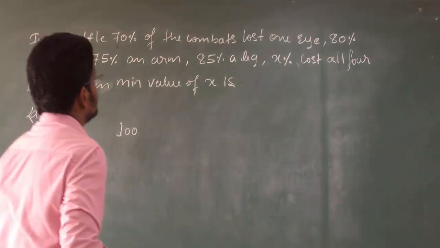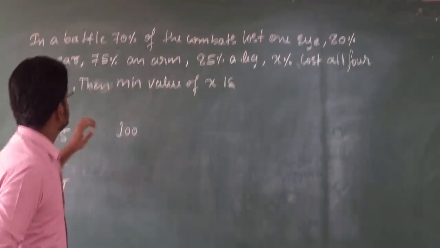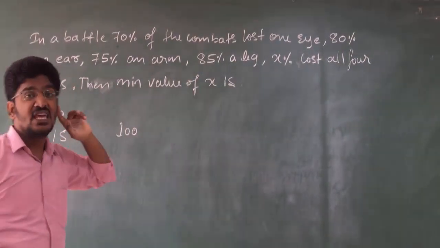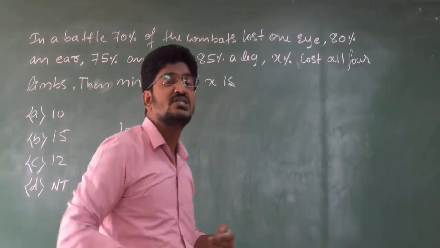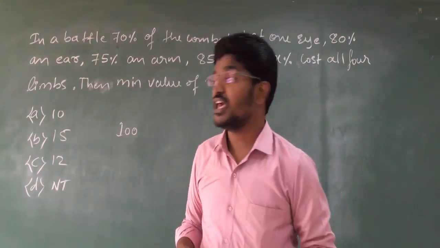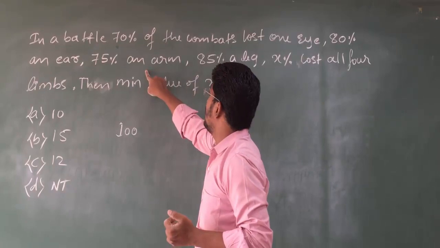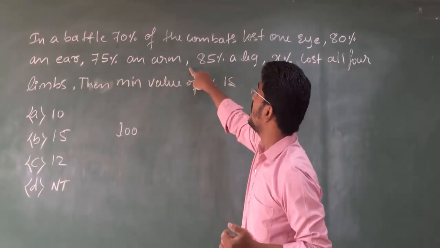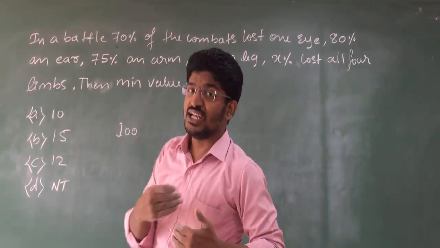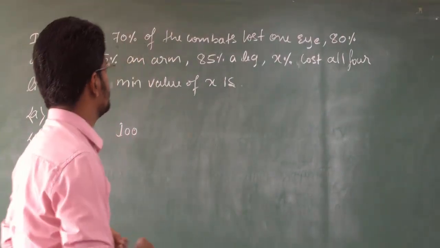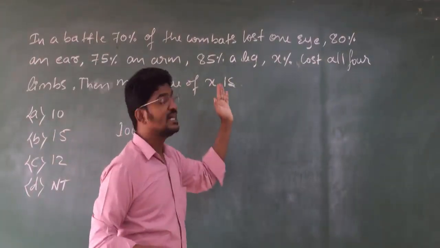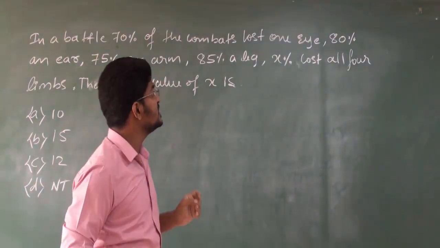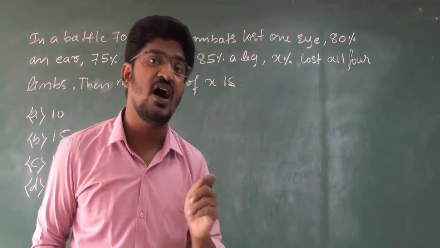Next, 80% have lost an ear. Remaining 20% are safe. And 75% an arm. Remaining 25% are safe. 85% a leg means 15% are safe.